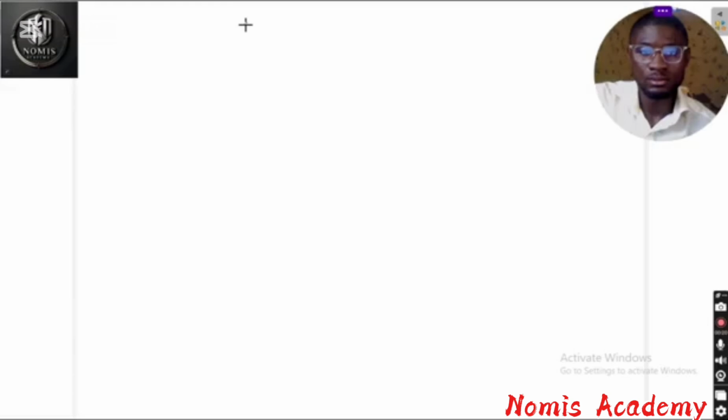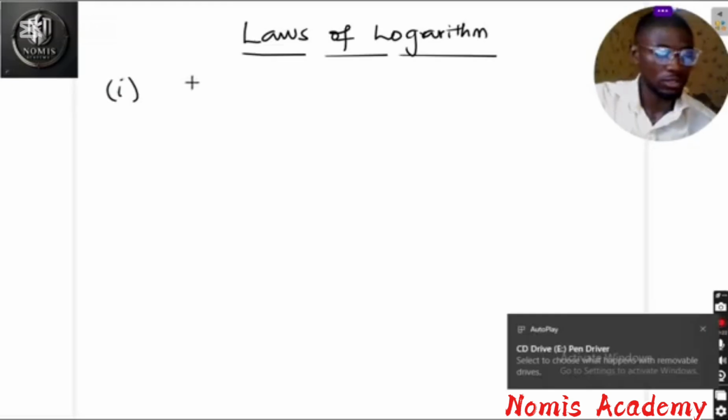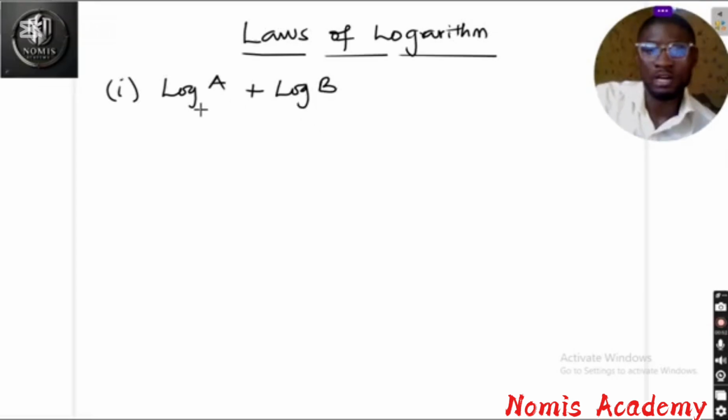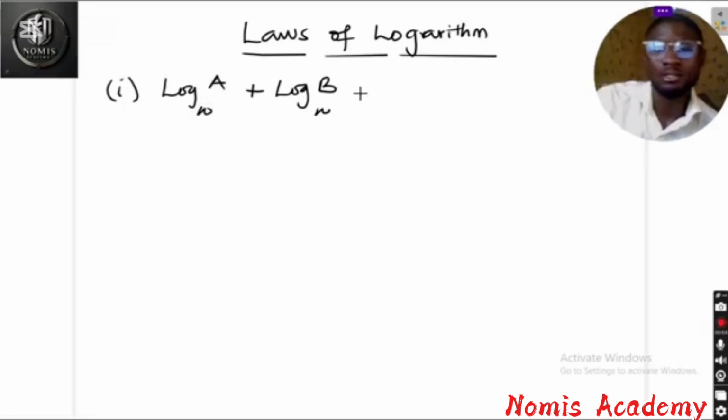So law number one says log A plus log B. So we can see that they have the same base, whatever the base is. Let's say we have base 10.